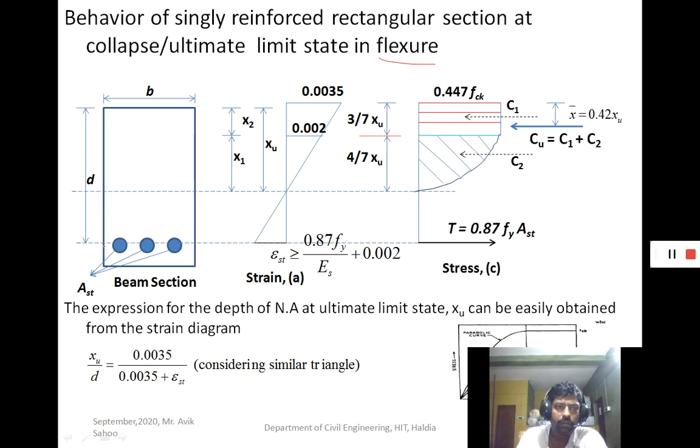So this is a cross section of a beam, and this beam has width b, because you know that the width of a beam is denoted by small b. By b we understand this is the width of the beam, and small d means this is the effective depth of the beam, and effective depth is measured from the centroid of the tensile steel to the topmost fiber.